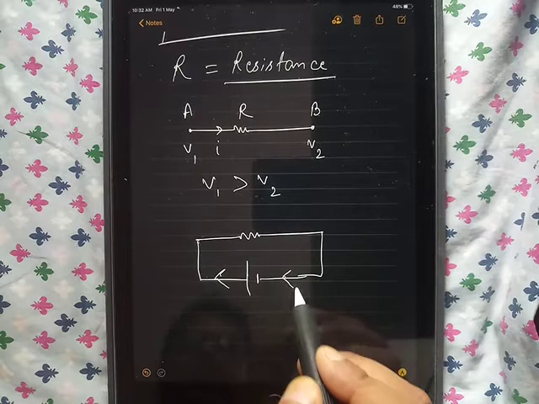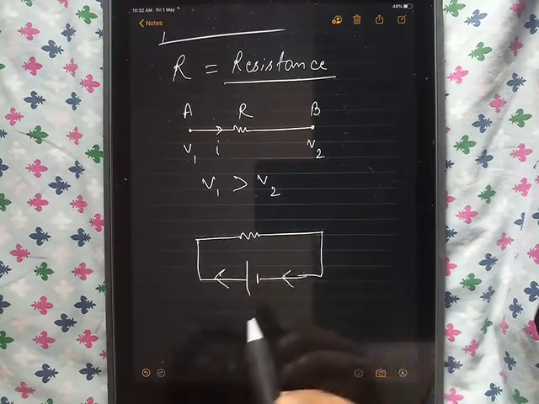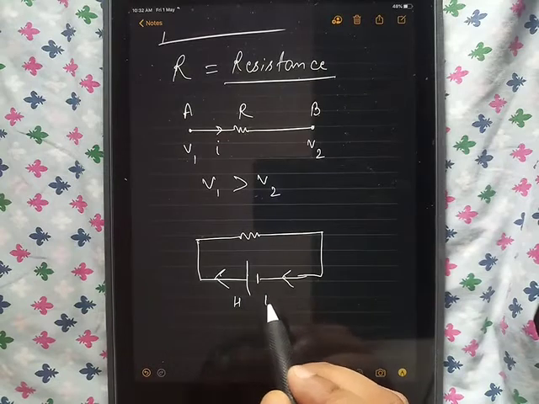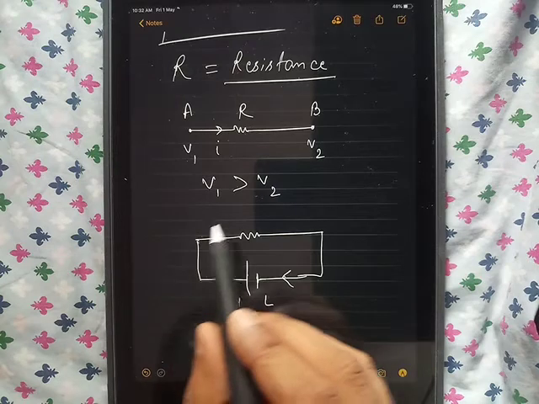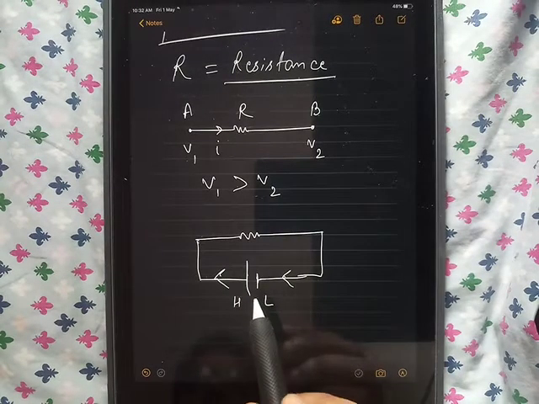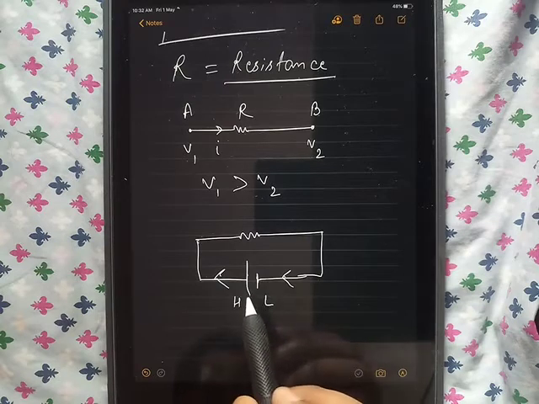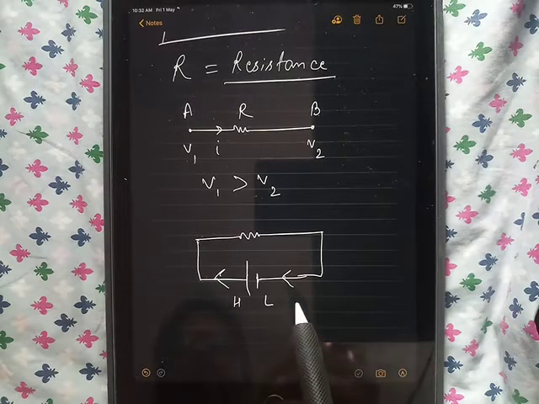Remember this carefully. Outside the cell, current will flow from positive to negative, higher potential to lower potential. But when the current flows from lower to higher, that is inside the cell or inside the battery, then the battery uses its energy, which is chemical energy. By the help of that chemical energy, it allows the current to flow from lower potential to higher potential.